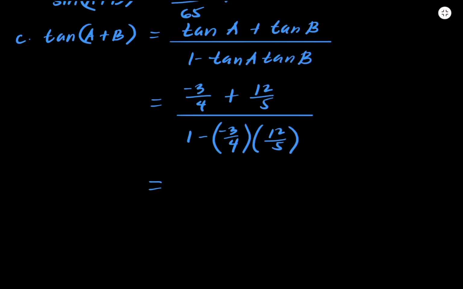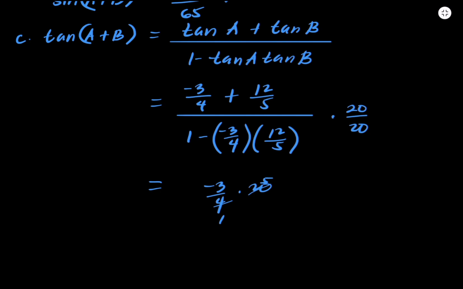So we can directly multiply it by 20, right? Because we have 4 and 5 here, and 4 and 5 can directly multiply to 20. So we can multiply it by 20. So 20 times negative 3 over 4. So cancel, cancel.